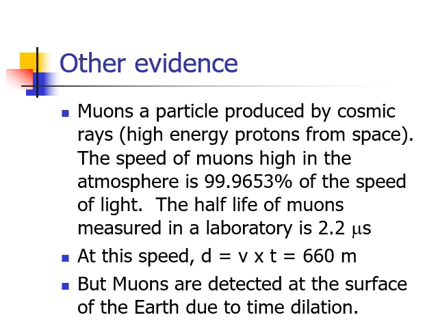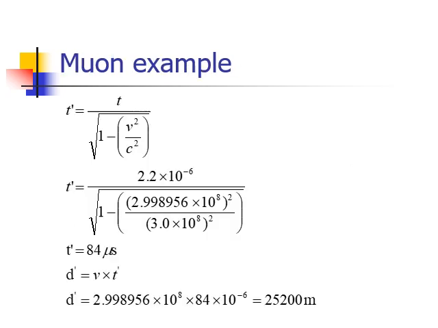But what we find is we can detect them on the surface of the Earth because of the effects of time dilation. So if we put in our speed there, and we square that and divide it by the speed of light squared, and we take that away from 1 and square root that term, we see that the 2.2 microseconds is changed into 84 microseconds from the reference frame of the stationary observer.